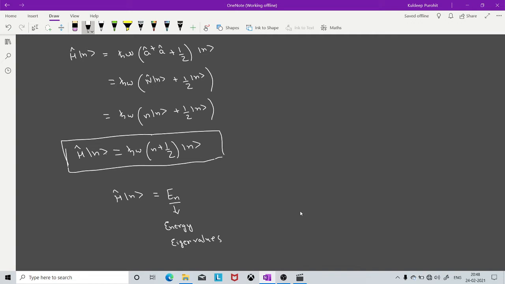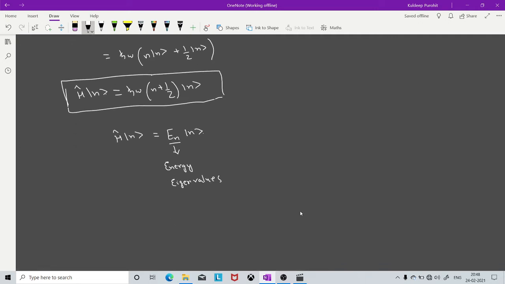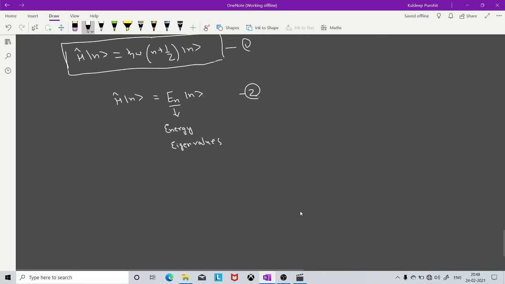Only energy eigenvalues are given when the Hamiltonian operator operates on a state n to give a number times state n. If I compare this equation and this equation, you can easily see that En is equal to h cut omega into n plus 1 by 2.